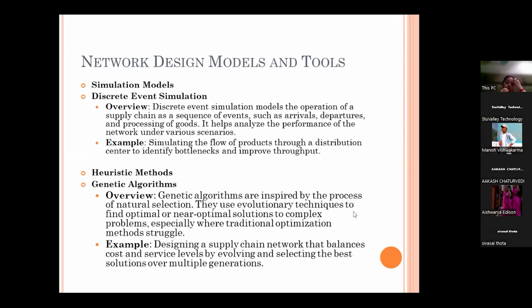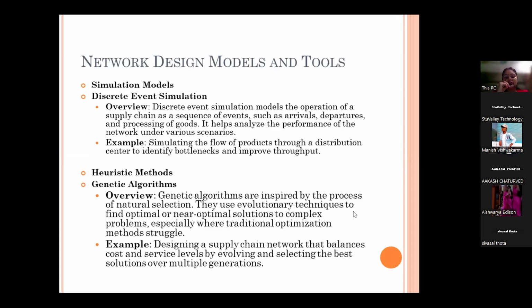Okay, so this is very important. If we know about Darwin's theory or the evolution theory that we read in the 10th standard, that we know about. That same principle is what we are using in the heuristic methods. That is the evolution technique.